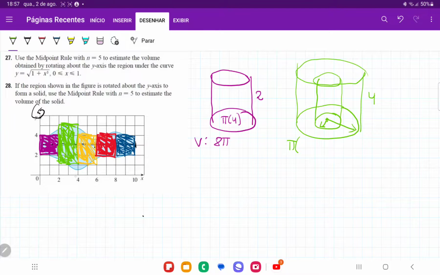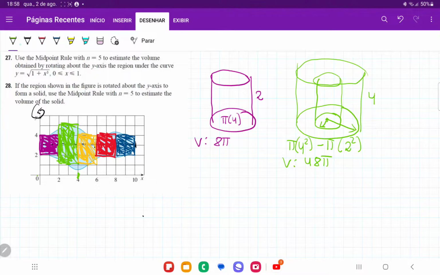So the biggest radius is 4 because it goes from 0 all the way out to the outer edge. So that's pi times 4 squared minus pi times the inner one, which is 2 squared. So 4 squared is 16, 16 minus 4 is 12, and 12 times 4 gives us 48. So this is 48 pi.